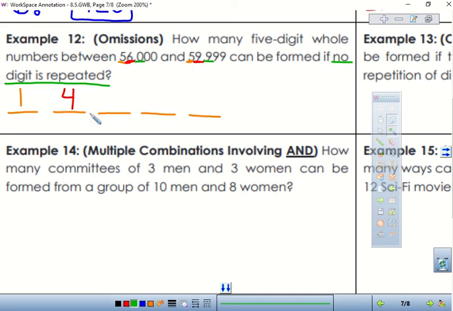Would it be 100? Wait, no. 8. Wait, so you only have to use single numbers then, right? Yes. Each slot represents a single digit, meaning it can max be 10. Okay. So we already used up a digit here and a digit here, meaning there's only 8 free digits left.